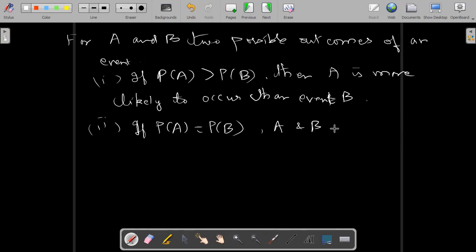Then A and B are equally likely events, equally likely to occur.